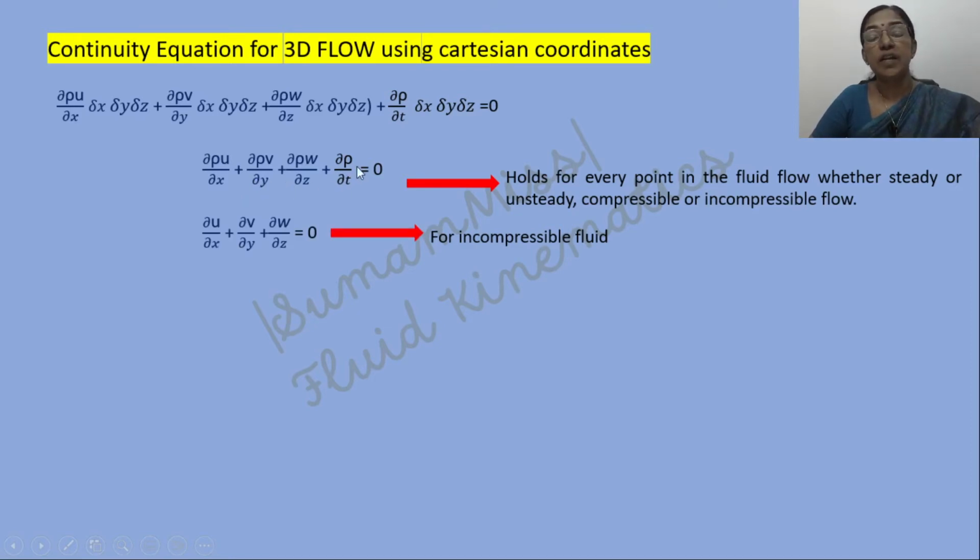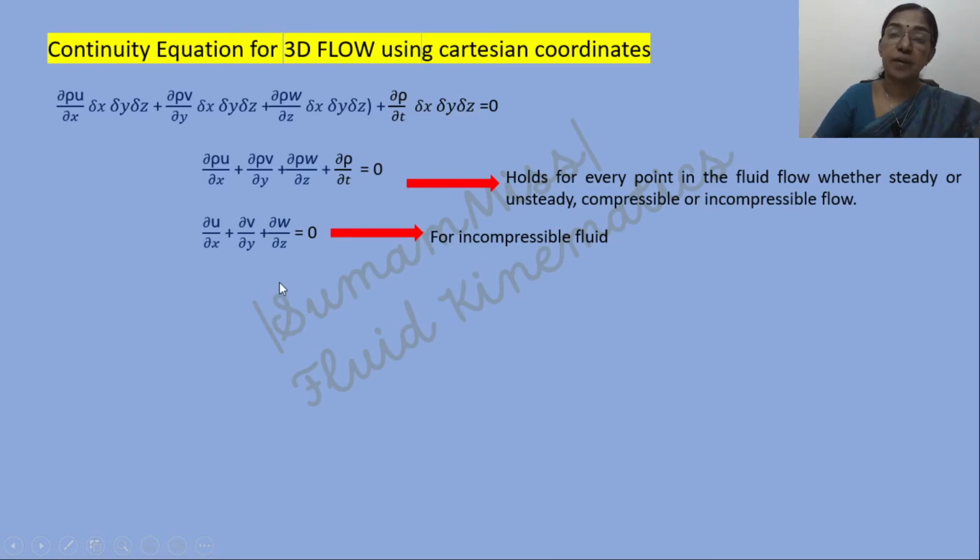After eliminating the density, the equation can be rewritten as ∂u/∂x plus ∂v/∂y plus ∂w/∂z equal to 0. So this equation applies to a three-dimensional flow of incompressible fluid.